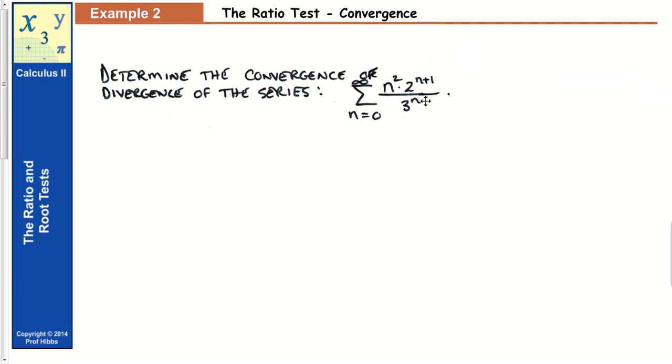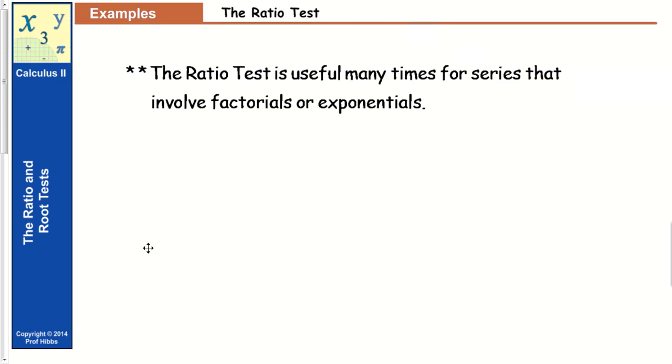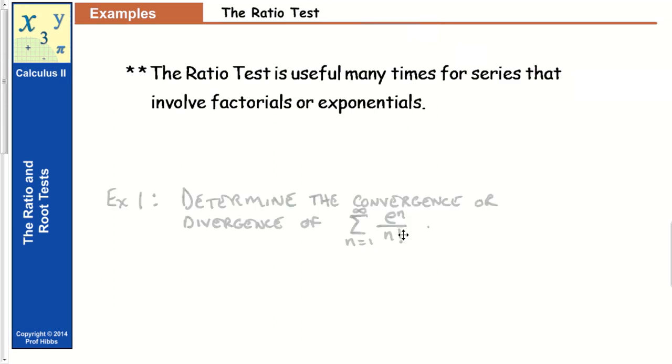In the example before that, we had exponentials, and we drew a conclusion. In the example before that, we had exponentials and factorials. So don't rule out using the ratio test, but you've seen in these five examples where it was useful and where it was not, and maybe that's good information for us to consider in the future.